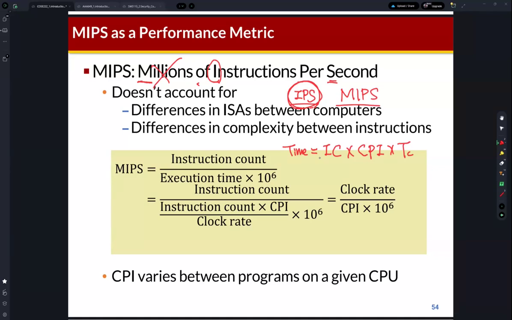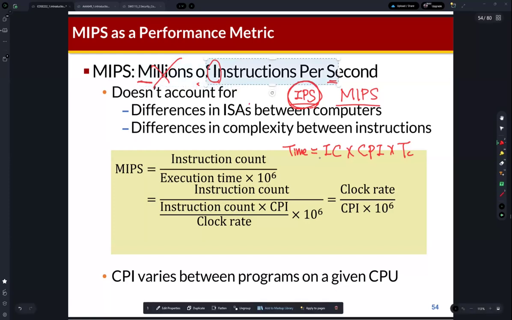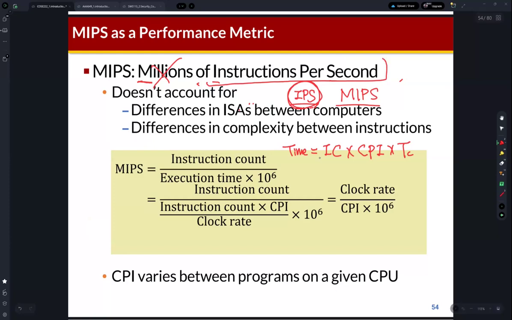But what is MIPS? MIPS is the number of instructions per second. So which part is missing in this equation?